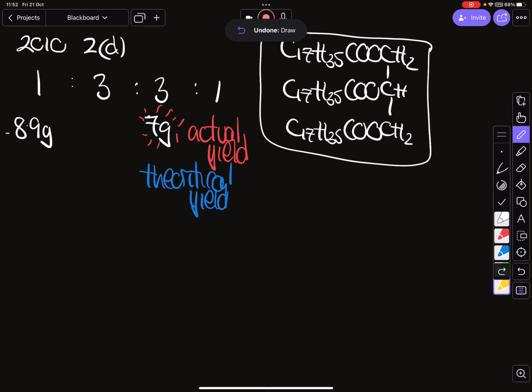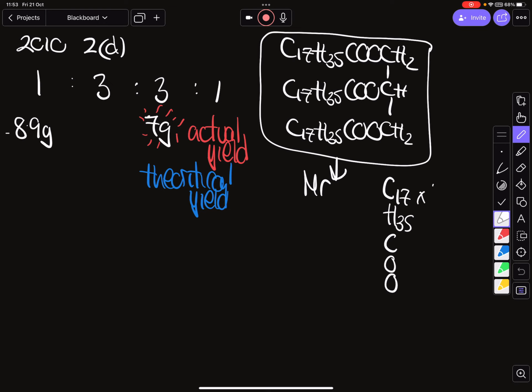So to do that, I have to calculate my molar mass of this ginormous thing. And it is difficult. People do make mistakes. So you do it the best way you can. You can go C17, H35, COO. That is essentially going to be by 3. All of these by 3, by 3, by 3, by 3, because you have them. And then we have a CH2, a CH, and a CH2.